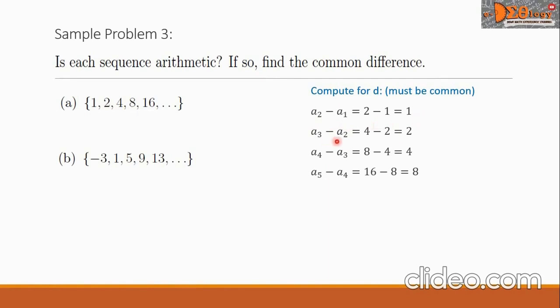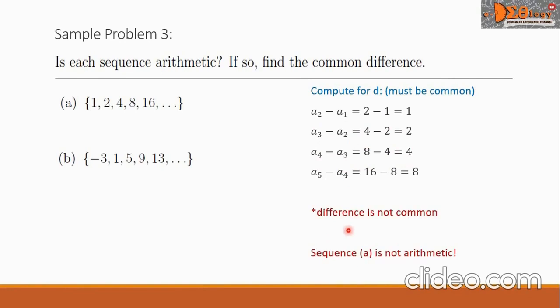A sub 3 minus a sub 2 equals 4 minus 2, and that is equal to 2. A sub 4 minus a sub 3 equals 8 minus 4 equals 4. A sub 5 minus a sub 4 equals 16 minus 8 equals 8.